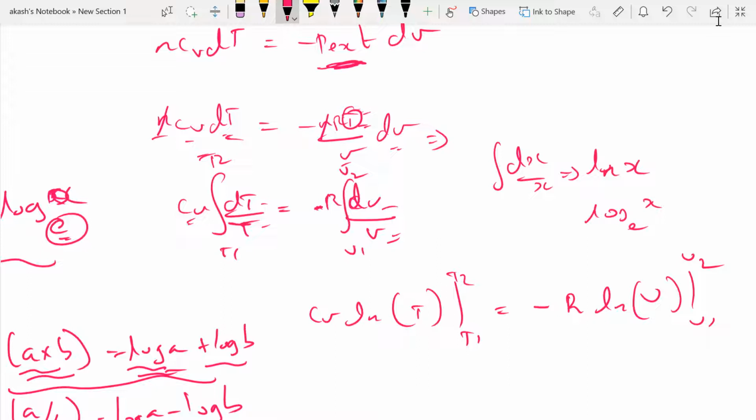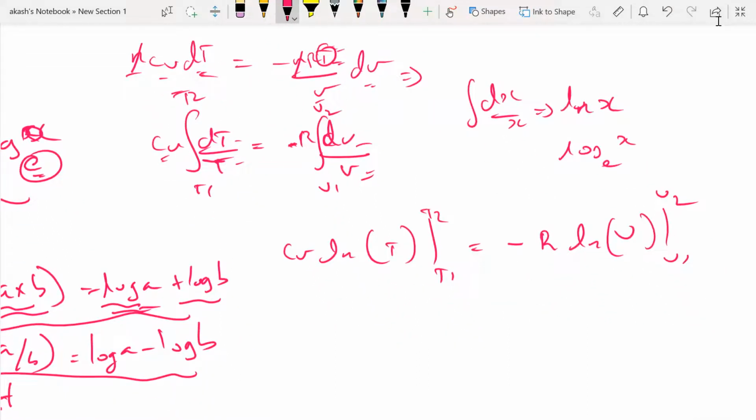Now we know what to do: upper limit minus lower limit. We substitute T2 first, and then T1, and then take the subtraction. Same goes with V2 and V1. Upper limit minus lower limit. So let us do that now.